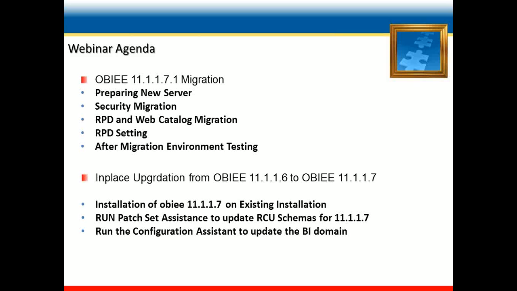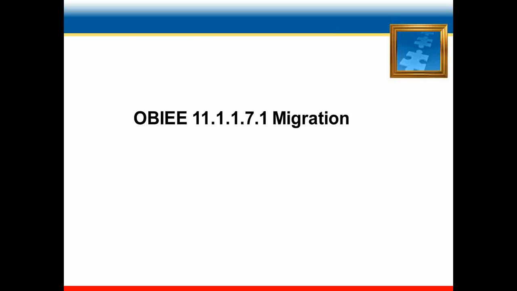The points come under installation of OBIEE 11.1.1.7 on the existing installation, running the patch set assistant to update the RCU schemas for OBIEE 11.1.1.7, and running the configuration assistant to update the BI domain.